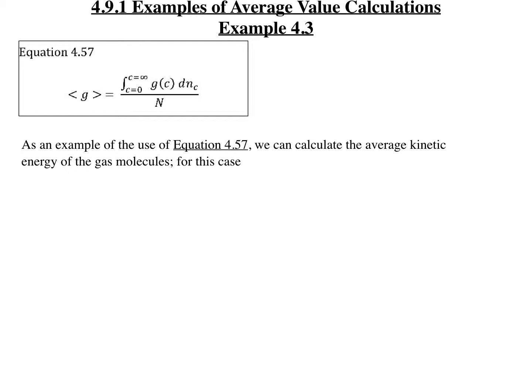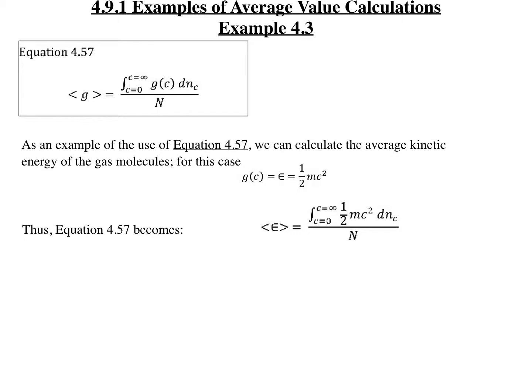So take 4.57, we apply it. Let's say we want to use average energy. Average energy is half mc squared, so that is epsilon equals half mc squared. m is the mass, c is the velocity. Now we can substitute this in equation 4.57. Then we get the integral from 0 to infinity of 1/2 mc squared dn(c) over n.